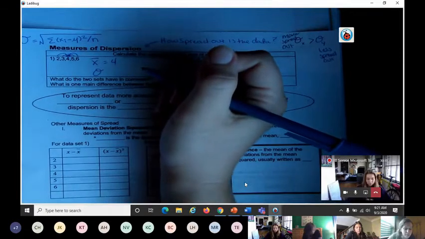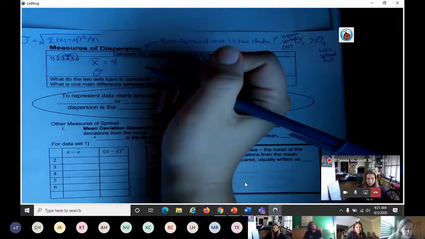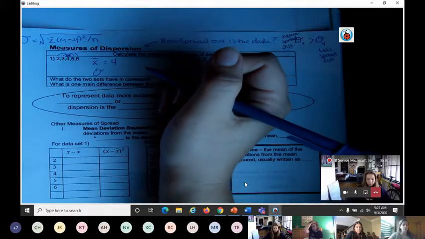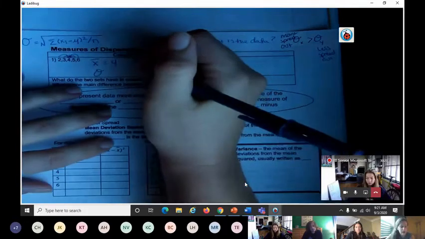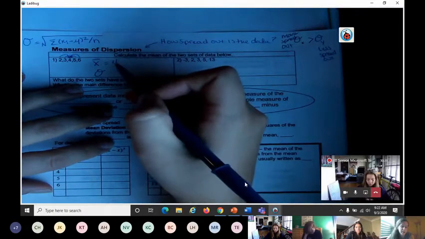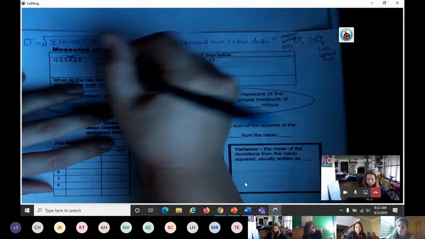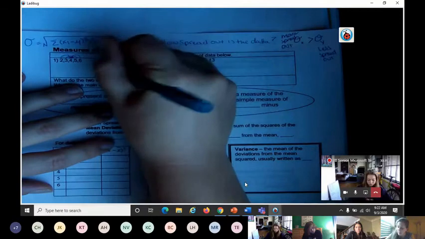We could just do this by filling in the formula. I think there's a way to do it on your calculator. I'm just going to tell you the answer for now.